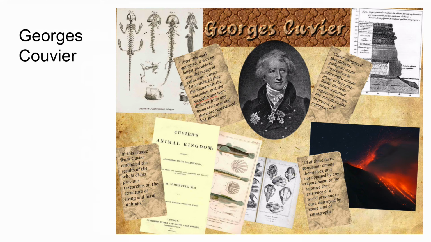The other thing was a lot of people believed that there was no such thing as extinction before Cuvier. As you look on the left there, it says, after this work appeared, it was no longer possible to deny the reality of extinction. So the work that Cuvier did on animals and extinction and rock layers laid the groundwork for Charles Darwin, as we'll see in the chapter right after the midterm.